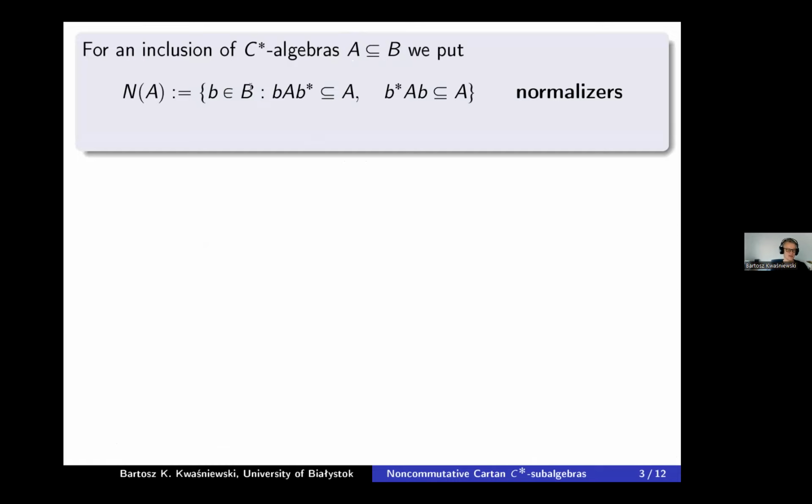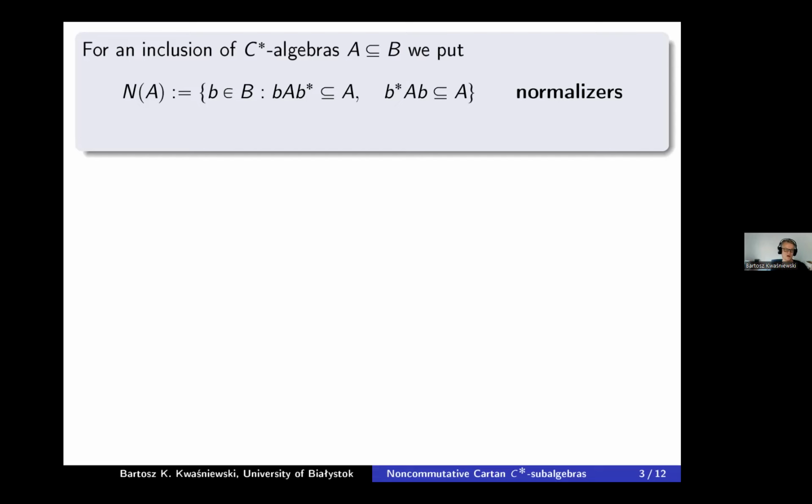These are those elements in the bigger C*-algebra that, when we conjugate elements of the smaller C*-algebra, this conjugation leaves the smaller C*-algebra invariant. In this way, conjugation with this b, b* gives us a completely positive mapping on A, and we have a kind of generalized inverse of this mapping, so we can conjugate in the other direction.